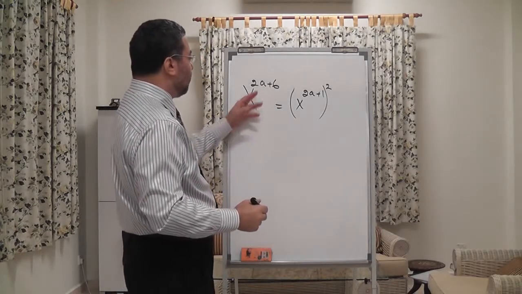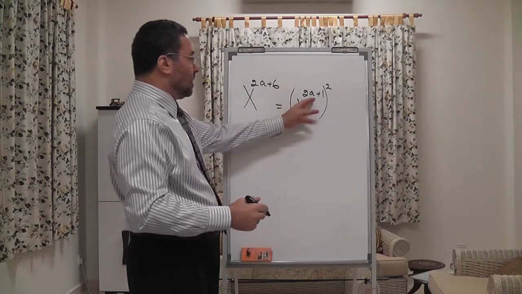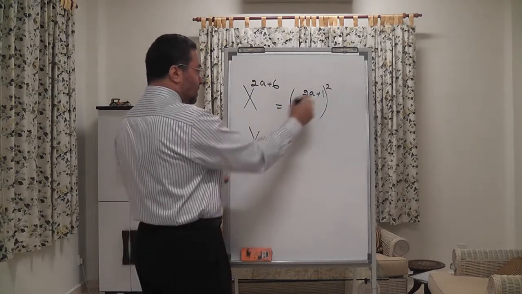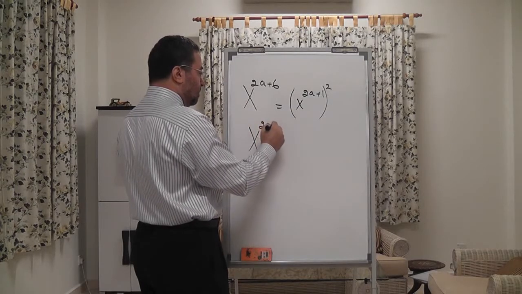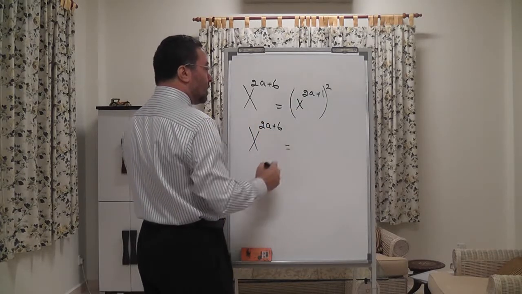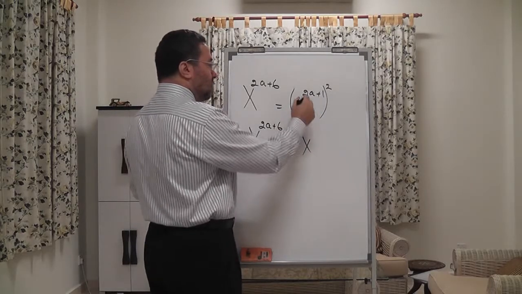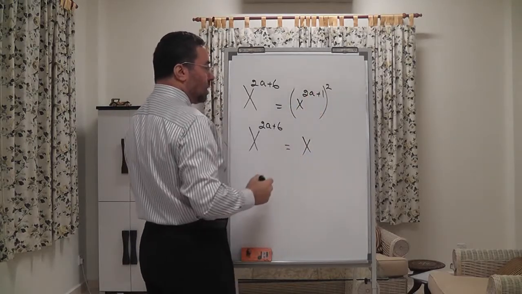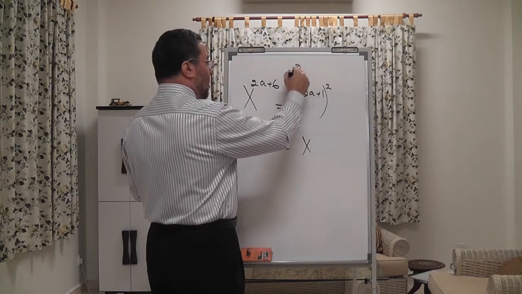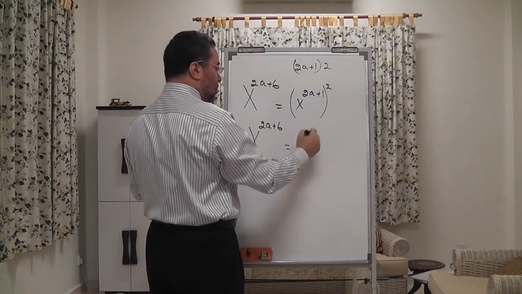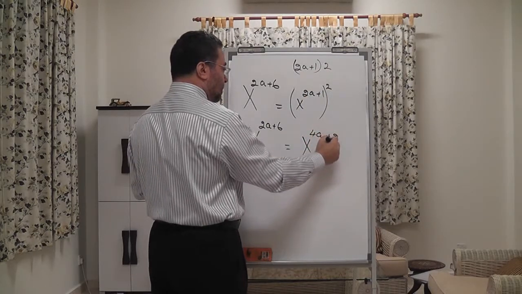So first we have to find the power of x in each situation. So we have to square this power first. And when we square this, it's power to power, so we multiply. So we are going to multiply 2a plus 1 times 2, and that's 4a plus 2.